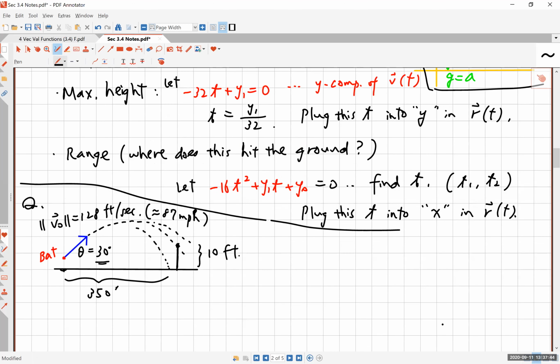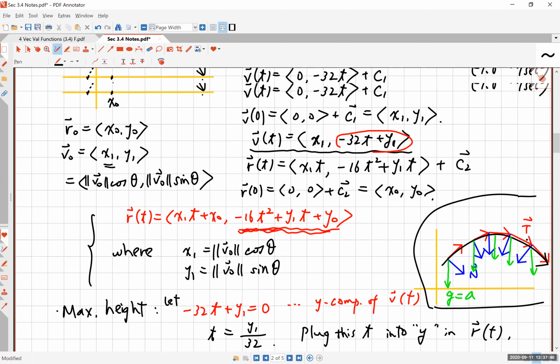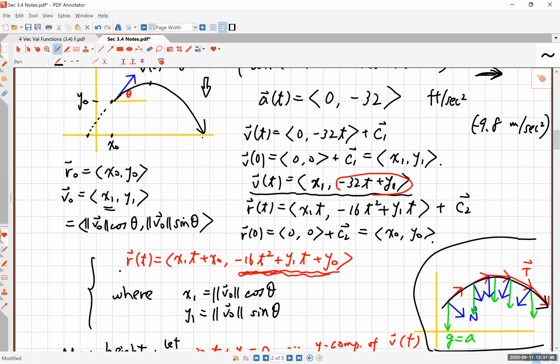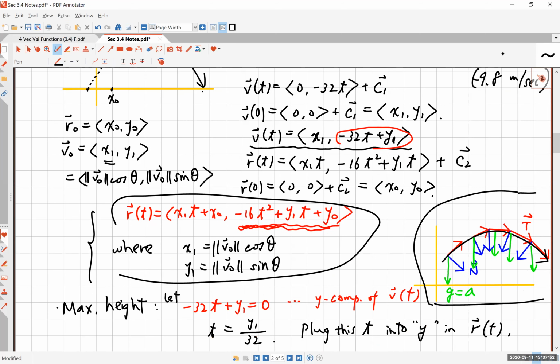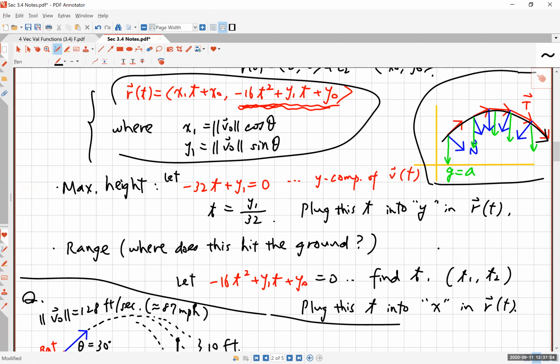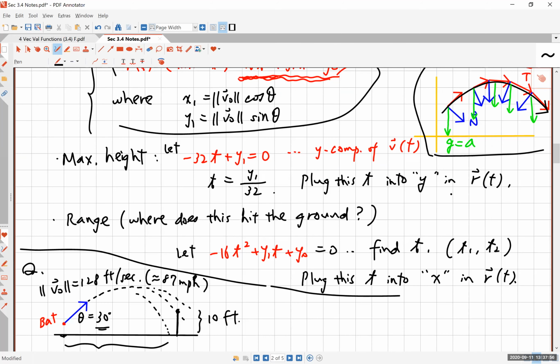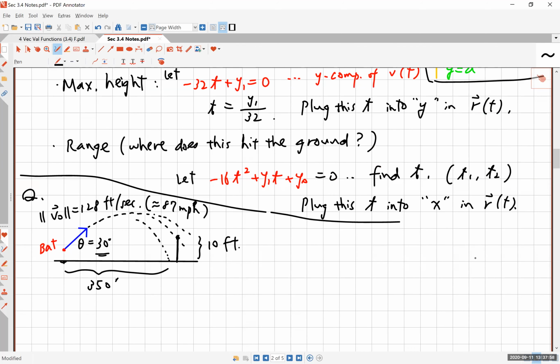Now you can use anything we did here. You don't have to recreate this procedure. In fact, you can go ahead and use this, right? And see if you can solve this problem. Of course, you want to use a calculator. And so the question here is, is this a home run? Okay. And what's the maximum height? Okay.